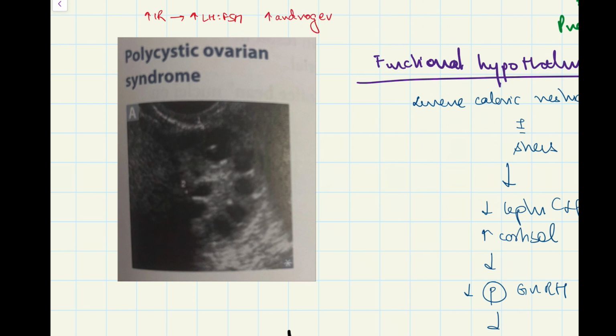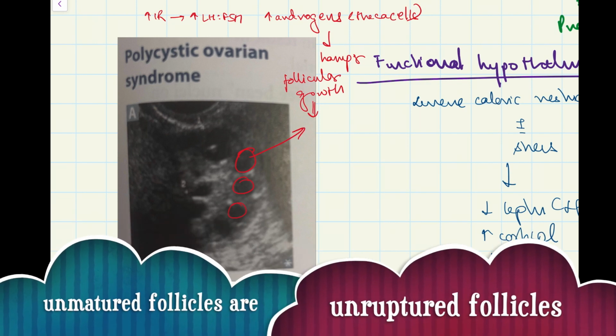So increased androgens from the theca cells, they hamper the follicular growth. Right. So what happens is that the follicles are not able to mature properly, and this leads to the formation of cysts. So cysts are nothing but unmatured follicles.